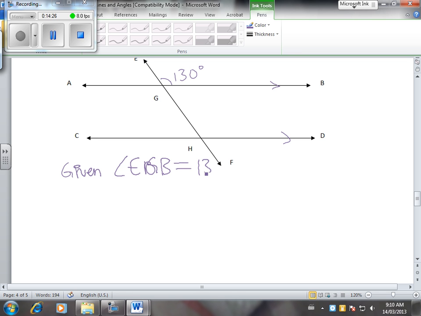And the way you name angles is, the angle in the middle, so here we have EGB. So this angle here we would name AGF, or this angle here would be CHF.